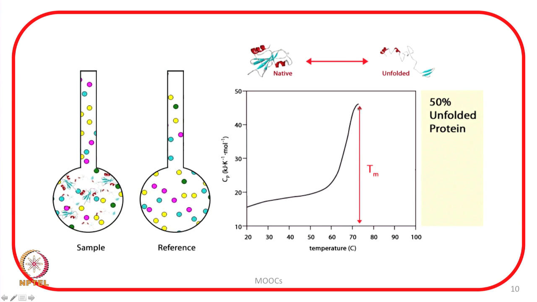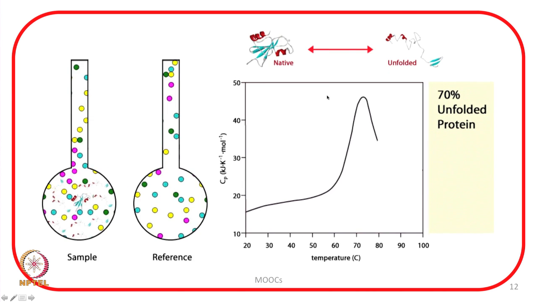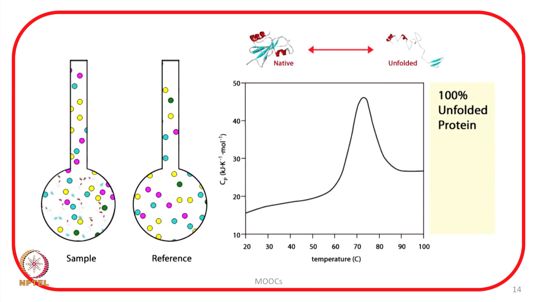This is the maxima where the heat capacity maximum is observed, and beyond that if you heat, it starts coming back and then the transition is complete. You have 100% unfolded protein after the transition is over, and you see the ribbons have disappeared, that means the ribbons have been converted to the unfolded conformation of the protein.